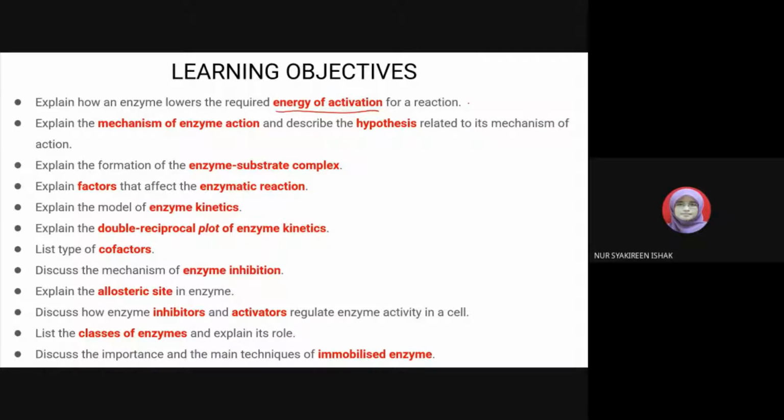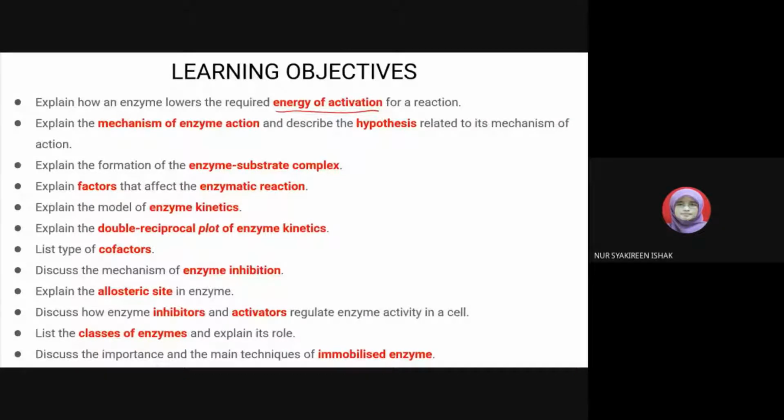Without enzyme, the reaction can still occur, but it will take a longer time because the substrate or the reactant needs to absorb heat energy from the surrounding to drive the reaction. So that is the significance of having enzyme in the reaction: to lower the activation energy and to speed up the rate of reaction.